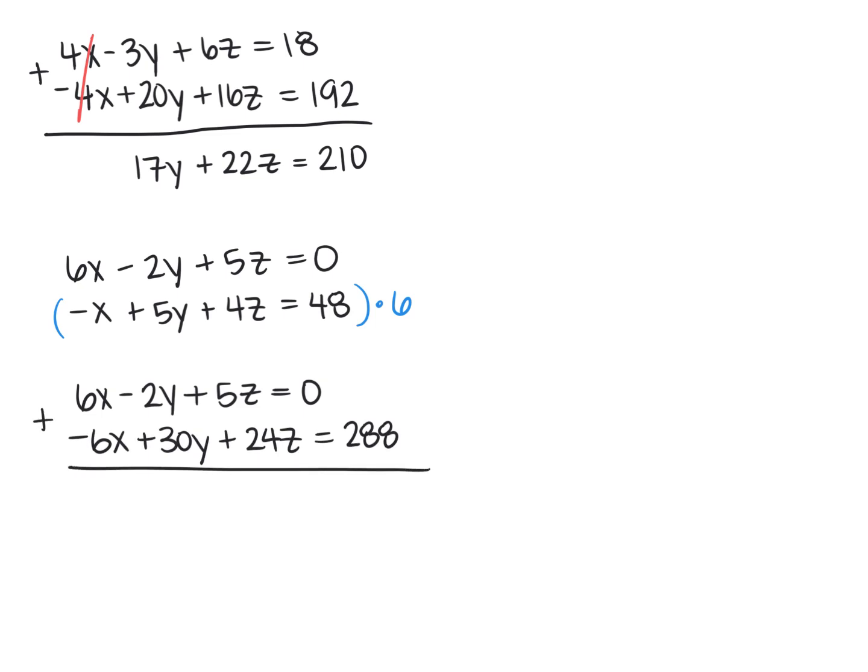Add the equations together. X's will cancel. We get 28y plus 29z equals 288. So now I have a system of equations with just y and z. And this is going to be the system that we solve in step 2.